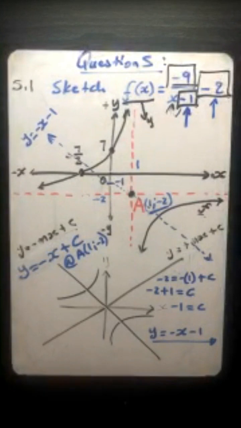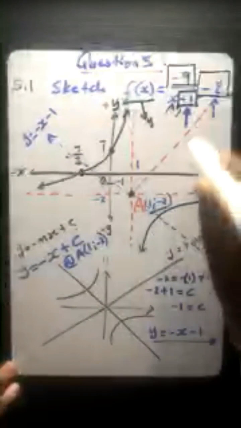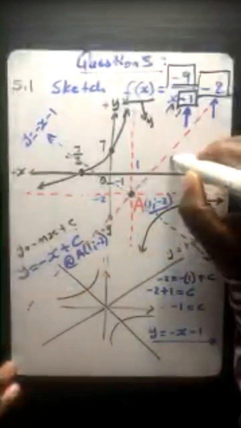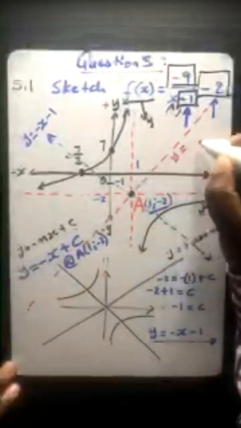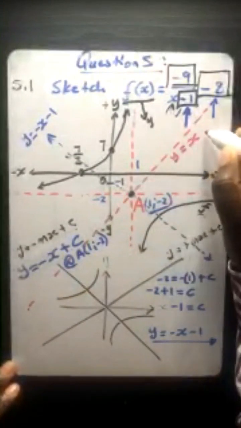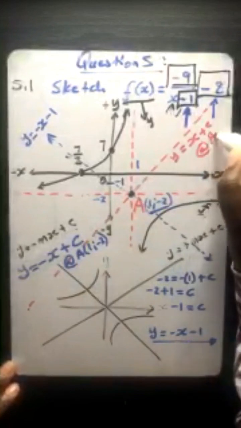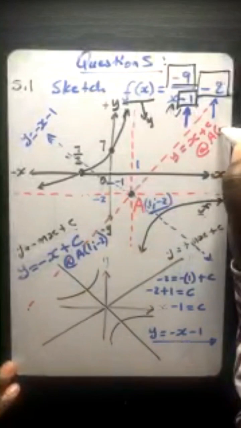So if they wanted a line with a positive gradient, that was going to be this line. It was going to be y is equal to positive x plus c at that same point A being 1 and negative 2.